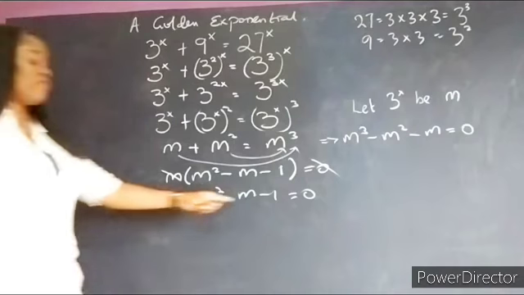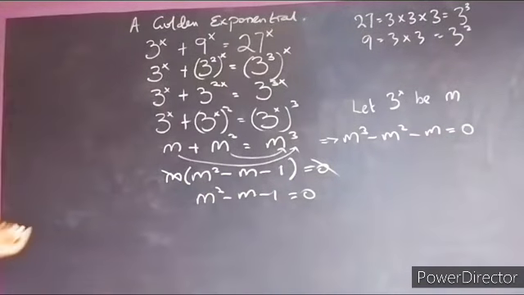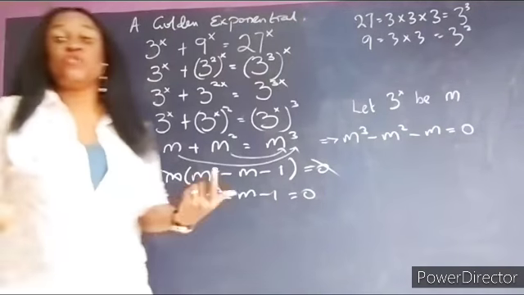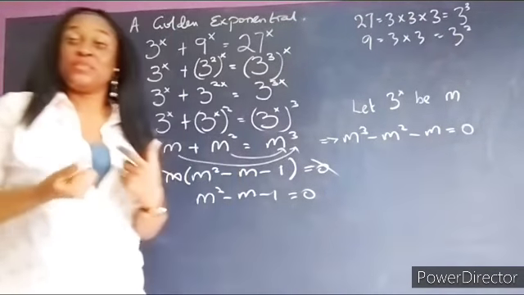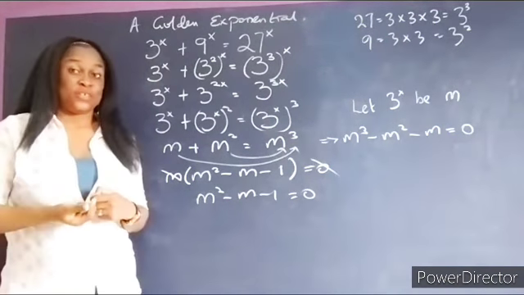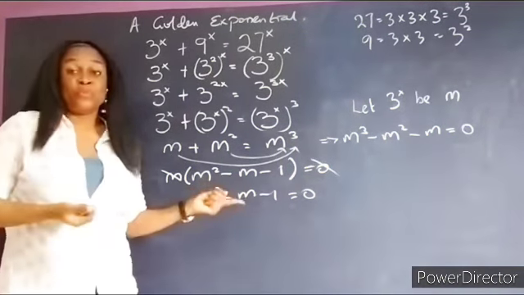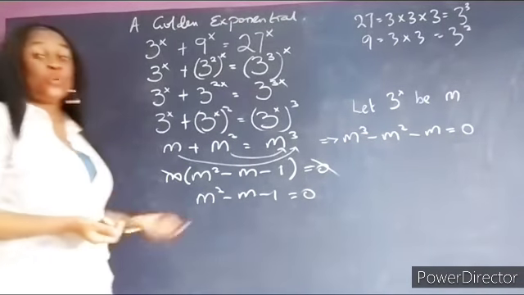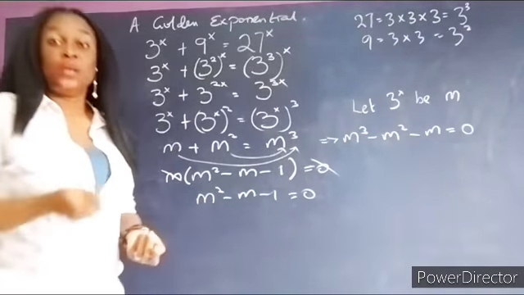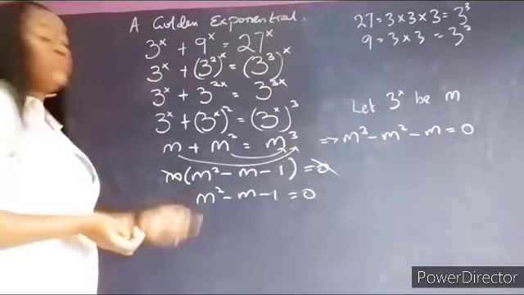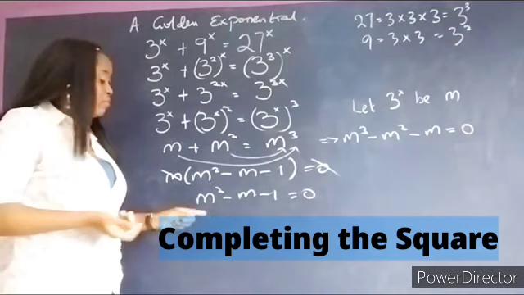Alright? So we're going to find the value of m in this problem. I like to use the completing the square method. Completing the square method is another way of solving, factorizing quadratic equations, alright? I tried using the normal method and I found out that we may not be able to get the answer normally. And I do not want to use the formula method. So I'm going to use completing the square method.